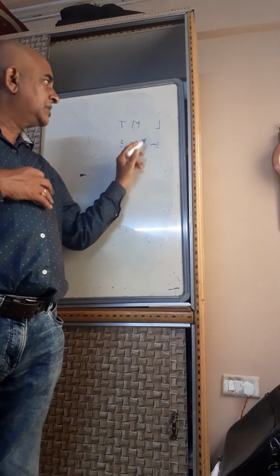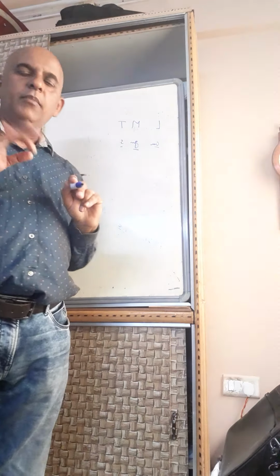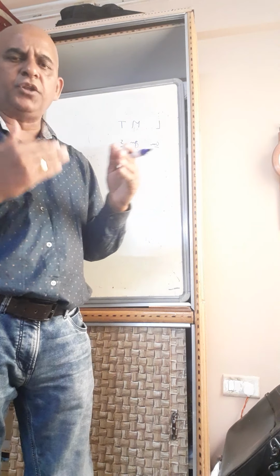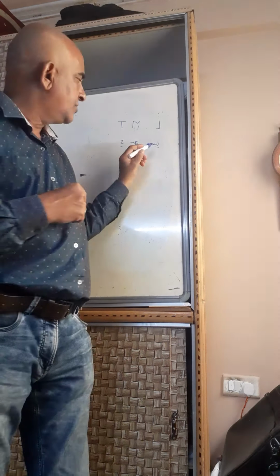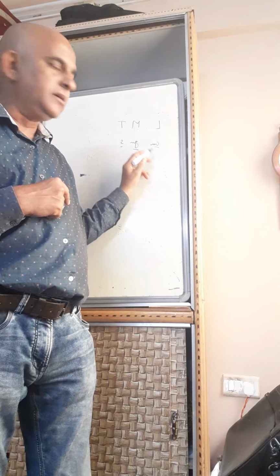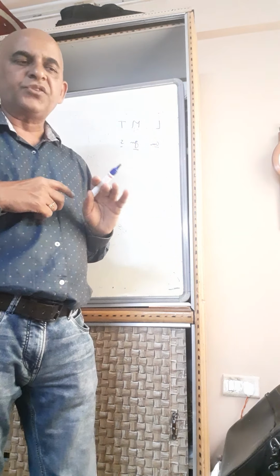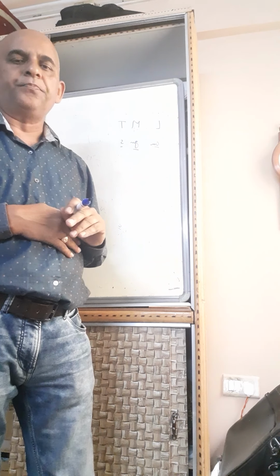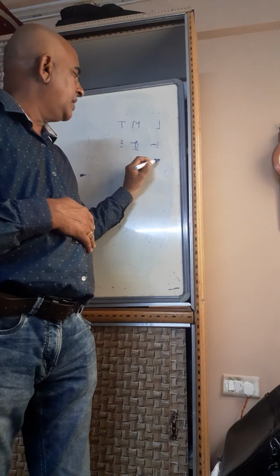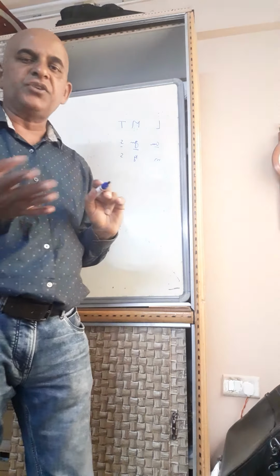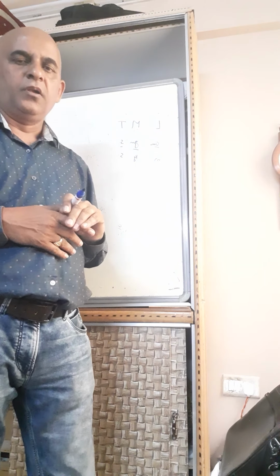Length, mass, time are fundamental quantities. They are measured in different units. We selected centimeter for length, gram for mass, second for time. That is called the CGS system. Length is measured in meter, mass in kilogram, time in second. That is called the MKS system.